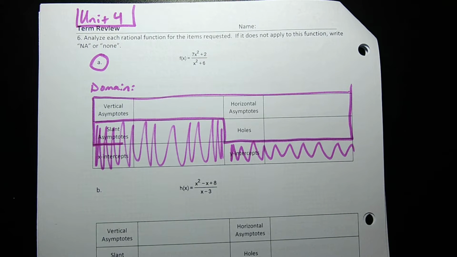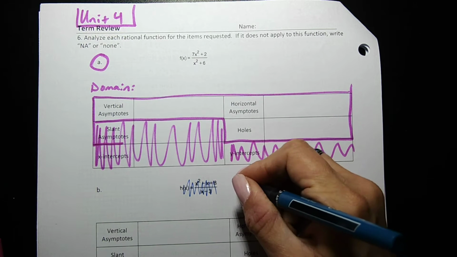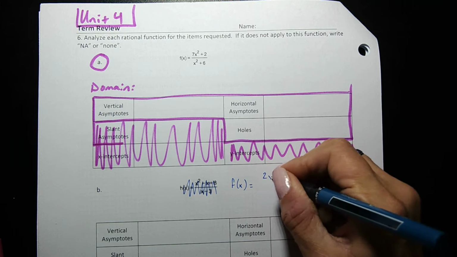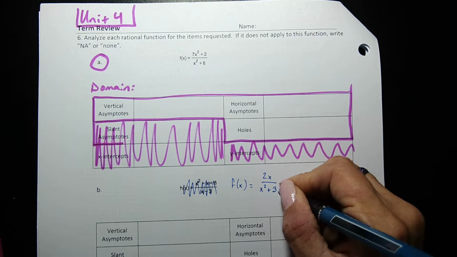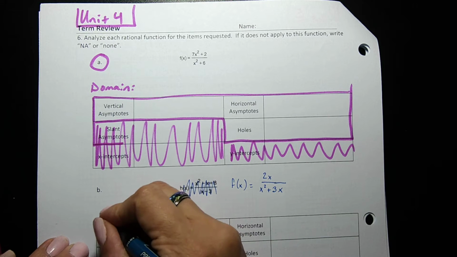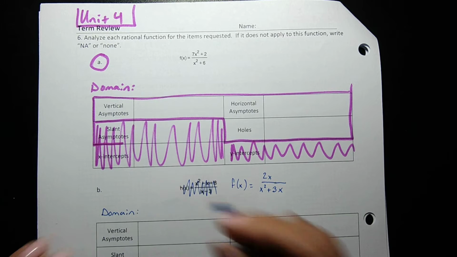Problem B, we're going to straight up change that equation to be f of x equals 2x over x squared plus 3x. I want you to state the domain for that one as well.